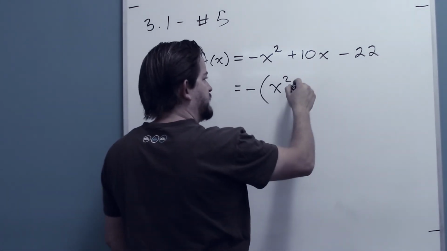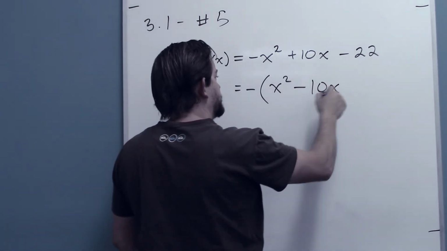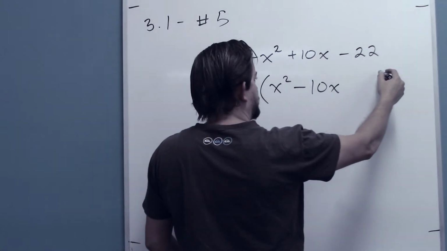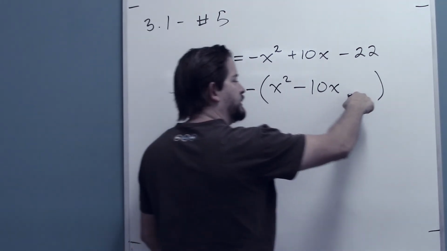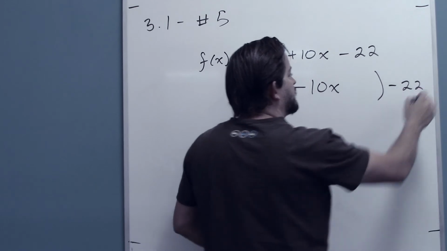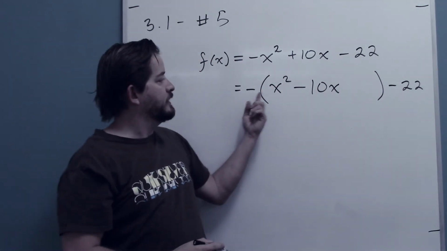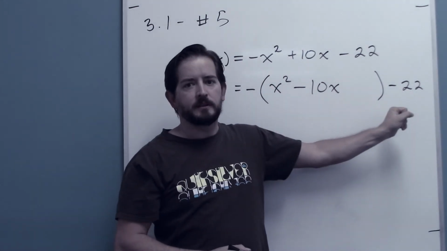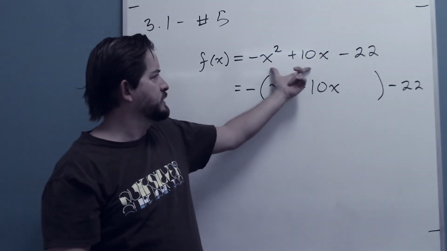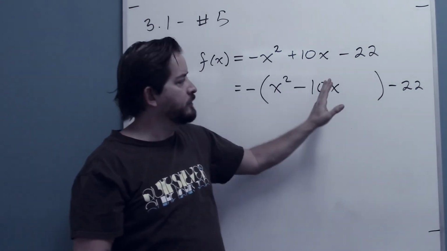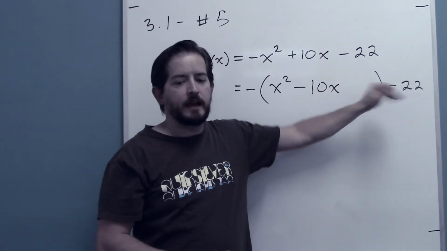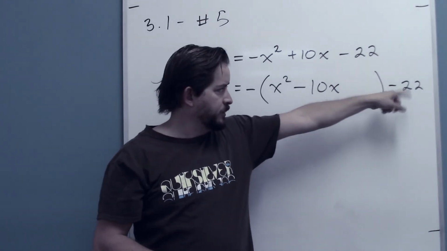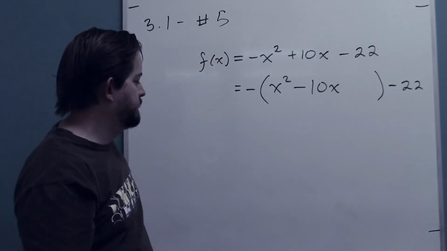This positive 10x has to become a negative 10x inside here. And I'm going to leave myself some space because I'm going to add something here, but I've still got this minus 22 that I didn't factor the negative out, so it's not part of my parenthesis. Right? I can choose whichever one of these guys I want to factor junk out as long as I leave that stuff out. Not as a factor, but as plus or minus, whatever's there.